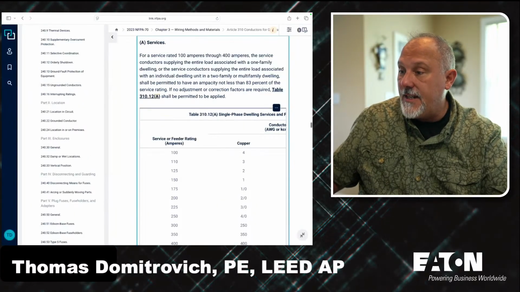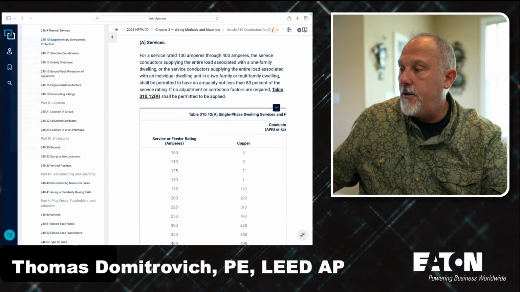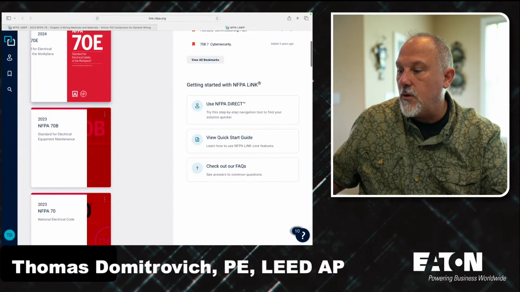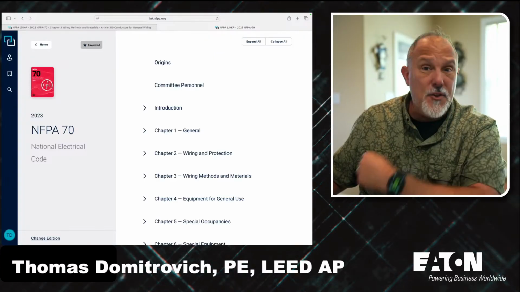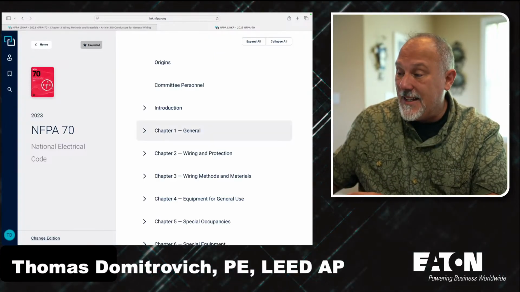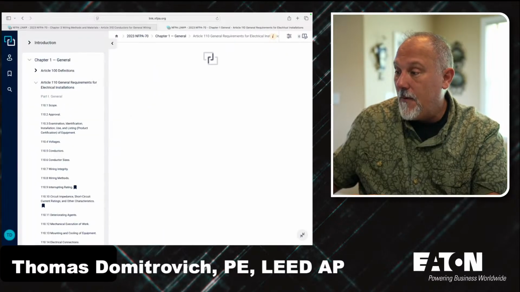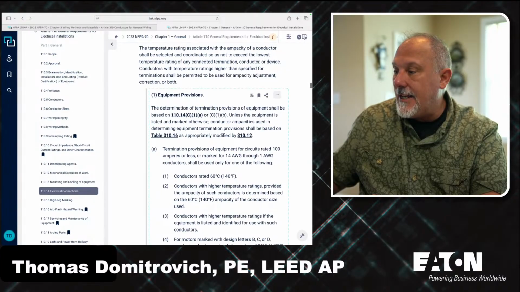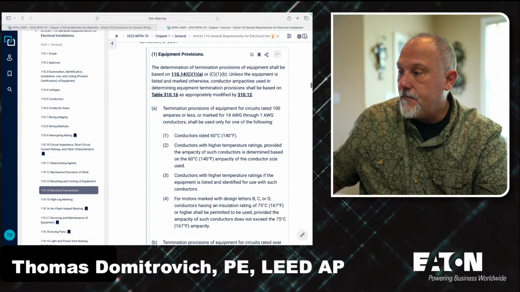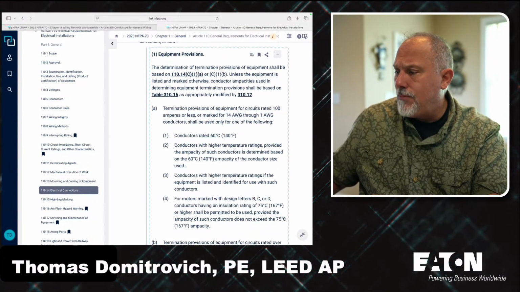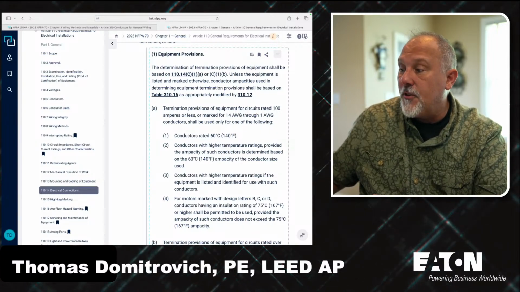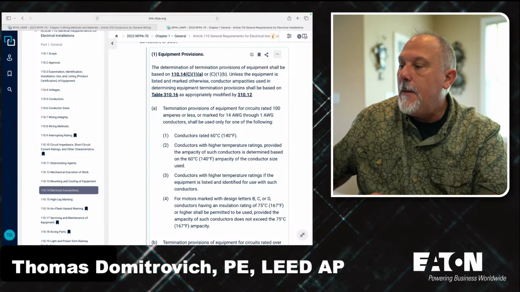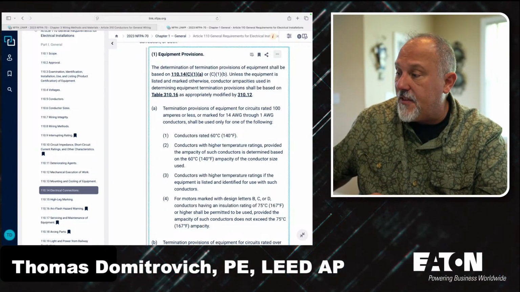That's why you need the exception in 110.14. In 110.14, open in a new tab, you need that exception because 110.14 would tell you you can't do what that's telling you that you can do. Right? So let's take a look at 110.14. It tells you in C, it says the determination, and it says Table 310.16, which is that 75 degree or 60 degree column, but as appropriately modified by 310.12.